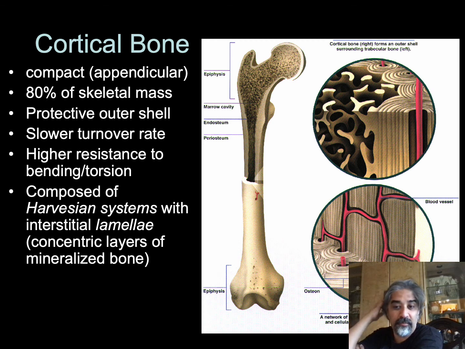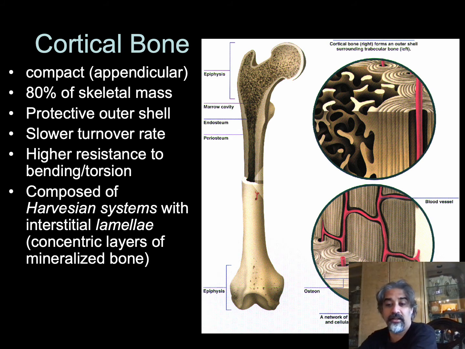If we look a little bit closer at this kind of bone, we see in the cross-section of cortical bone a series of adjacent and overlapping bullseye formations. These are your osteons, or Haversian systems. Each osteon is composed of a central vascular channel called the Haversian canal.